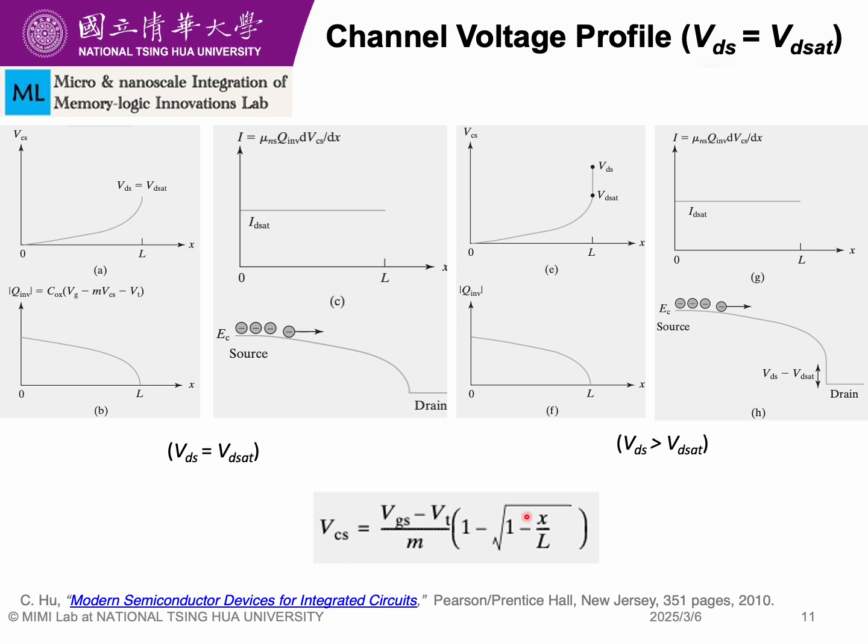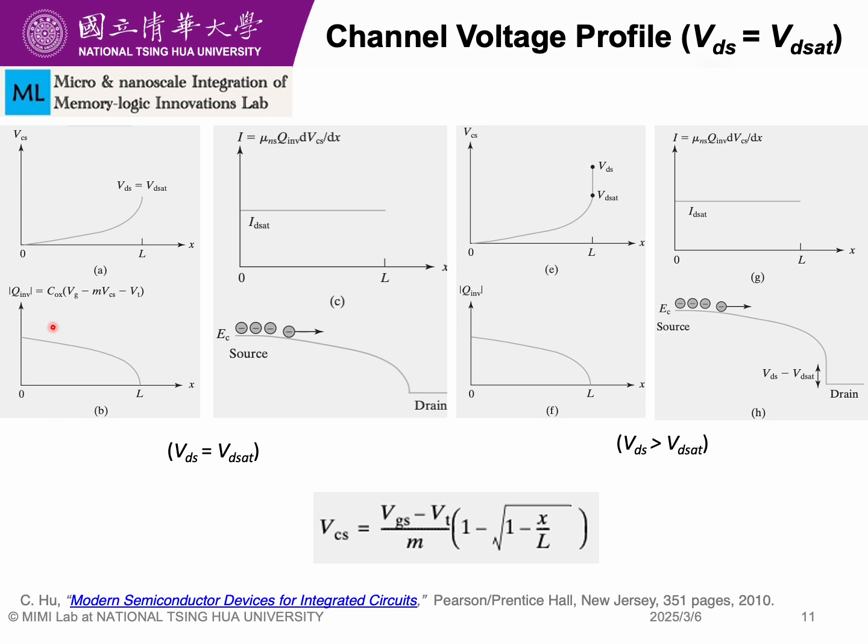This equation here describes VCS as a function of x. As you can see, when VDS equals VDSat, the equation is derived by substituting the upper limit of some equations, and we are not going into the details. So we will just see what the key takeaways are.